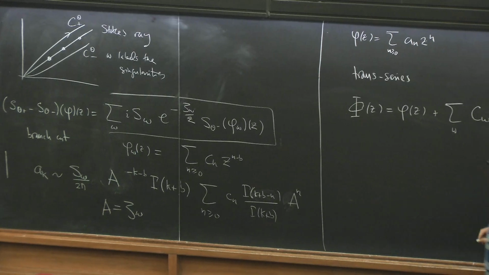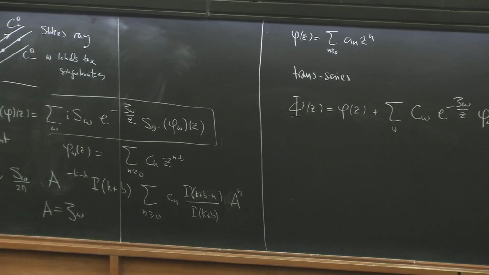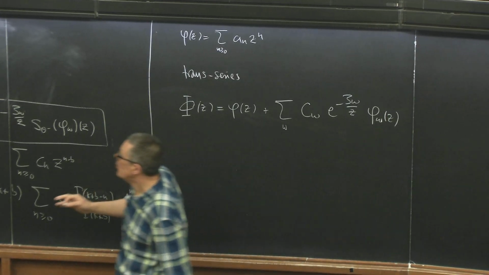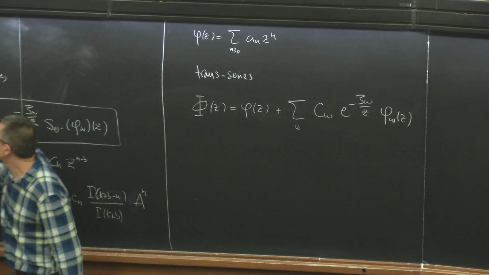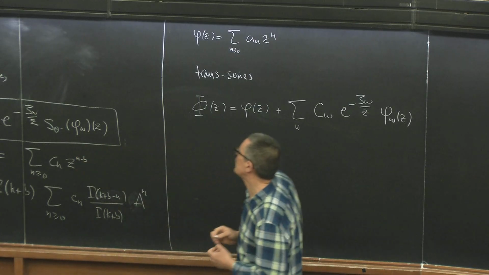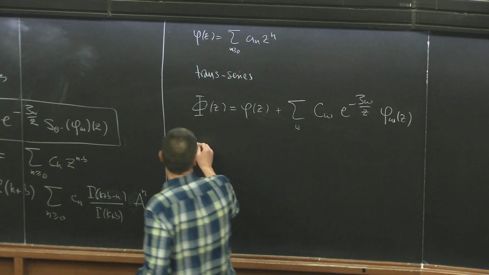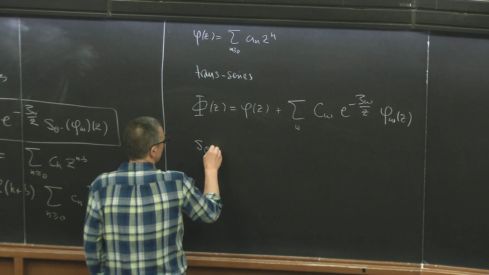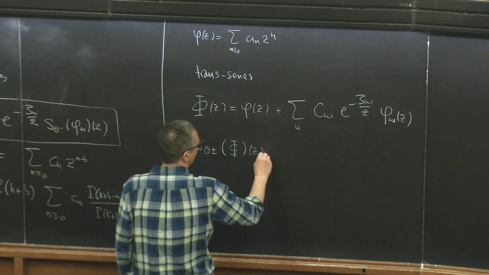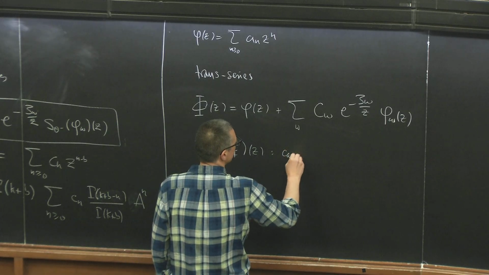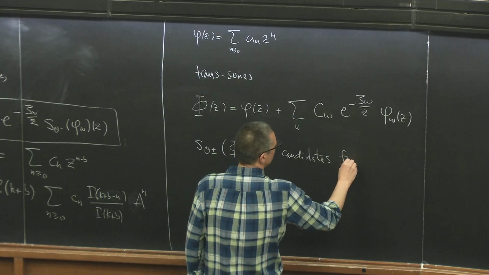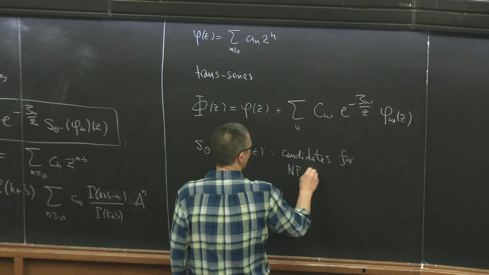So this is the typical trans-series. And this is the kind of object that you can resum. Here, for example, we are considering Borel resummations of this series phi, and of this series phi omega. So in principle, you could calculate Borel resummations of this big object. And these are our candidates for non-perturbative functions, okay?